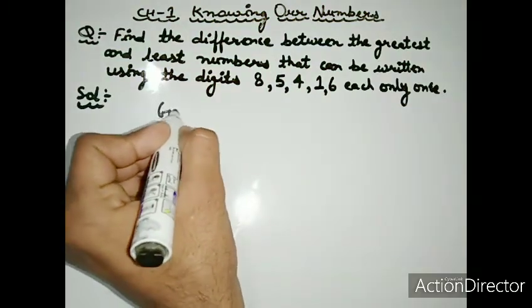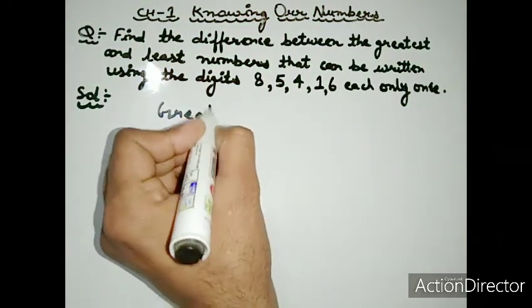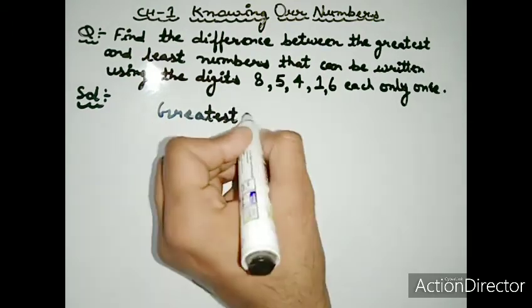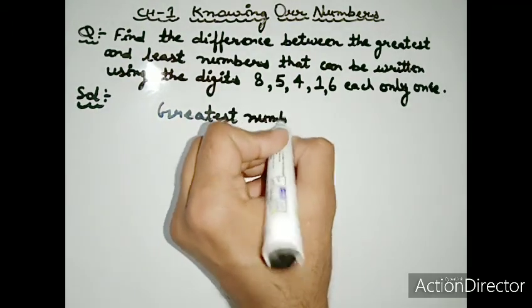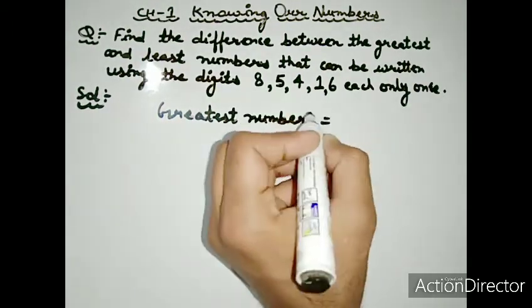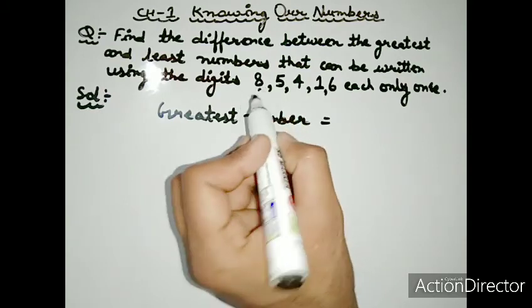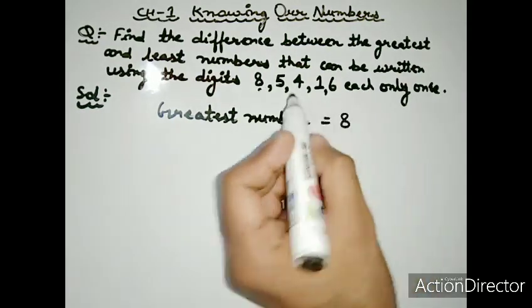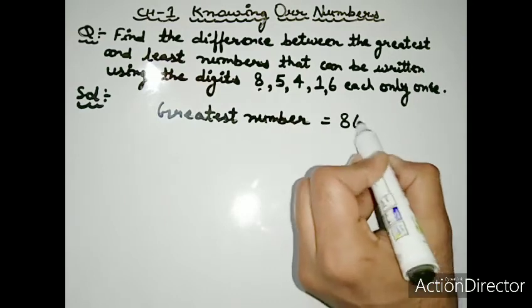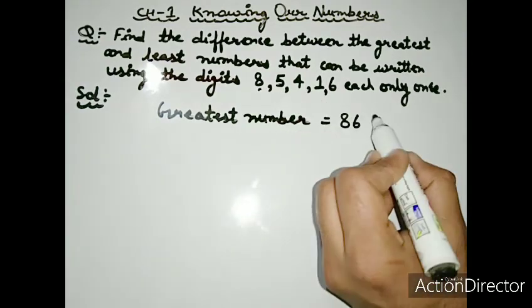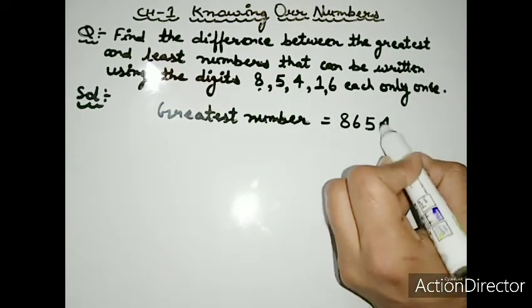So first we write 8, then 6, then 5, then 4 and 1.